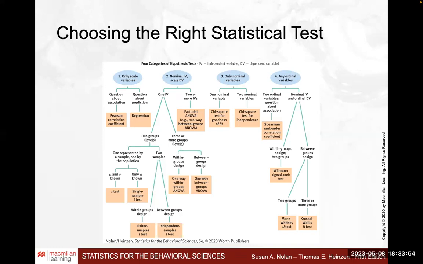So that's the non-parametric scheme. That's new, but you just need to know how to read that decision tree, and please memorize the names of the tests. There's a good chance they will come your way, particularly if you go into the realm of psychology, where it's quite common to use non-parametric tests.